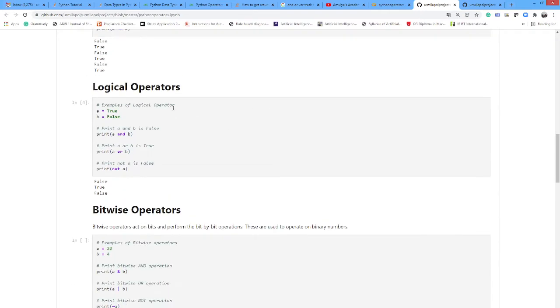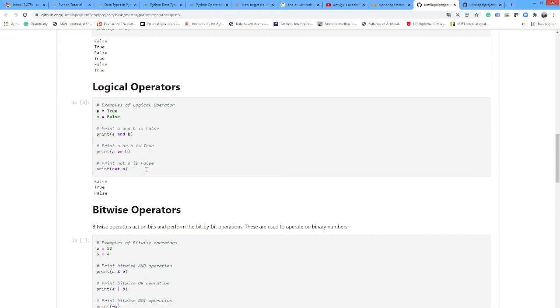Logical operators: a is equal to true and b is equal to false. First we have to assign those values, then print a and b is false, because only if both are true does it give true. a or b, if anyone is true, it gives true.